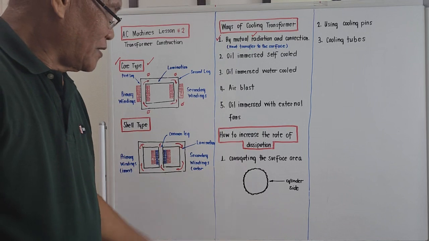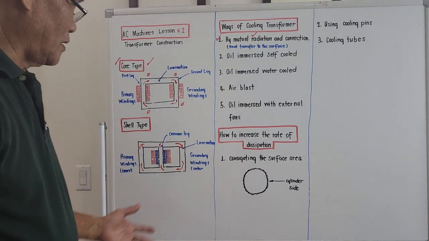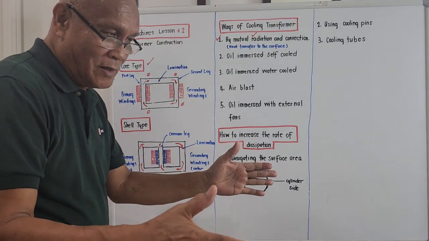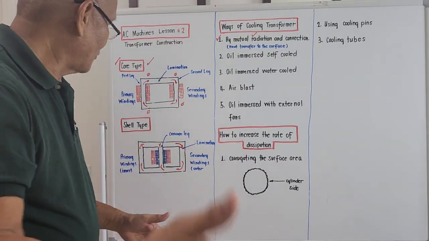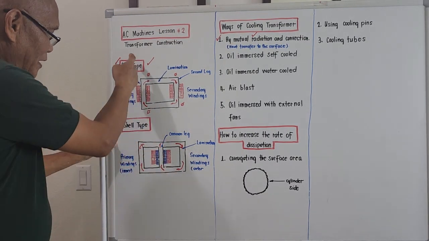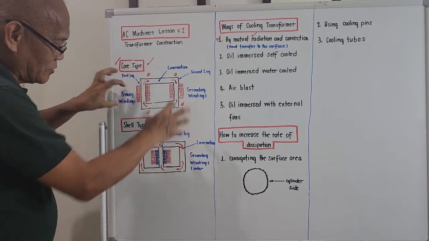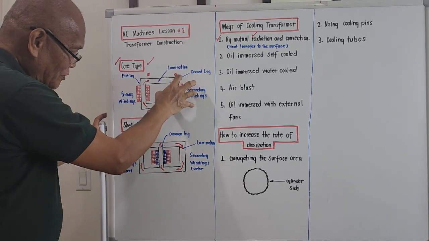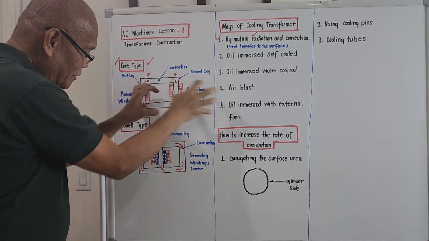Okay, that's it, guys. The way on how to construct a transformer, I will repeat it for the last time before we go for this morning. The core type and the shell type. The core type, this is the primary winding, this is the secondary winding. The primary is separate from the secondary, they are far away from each other.